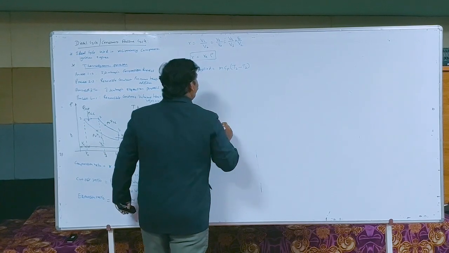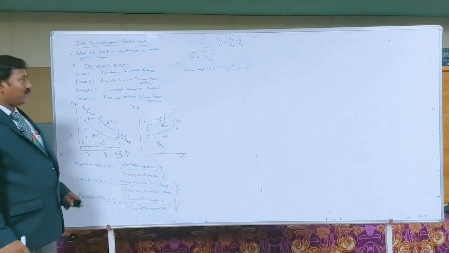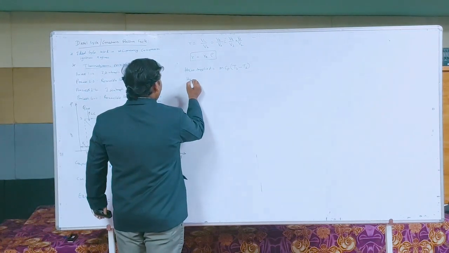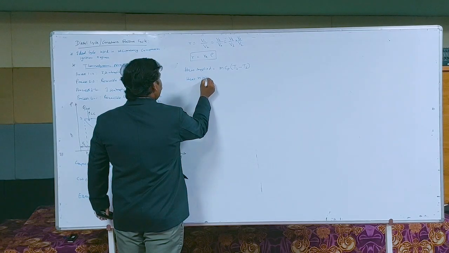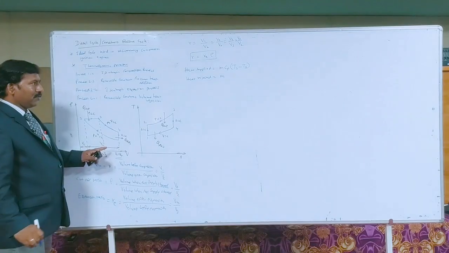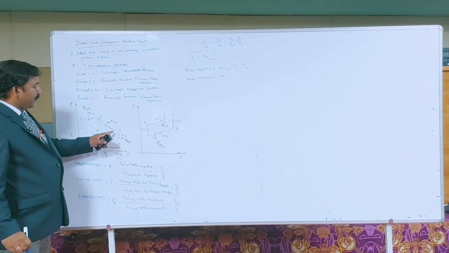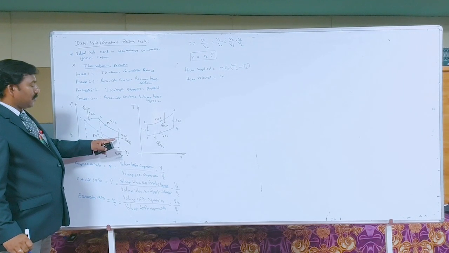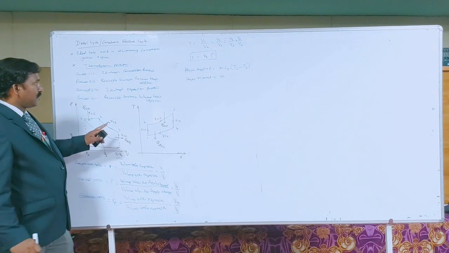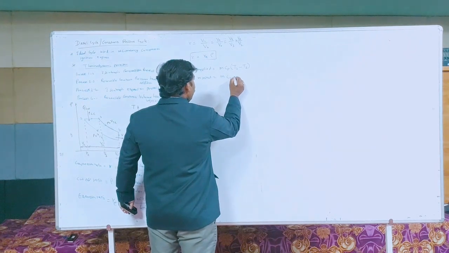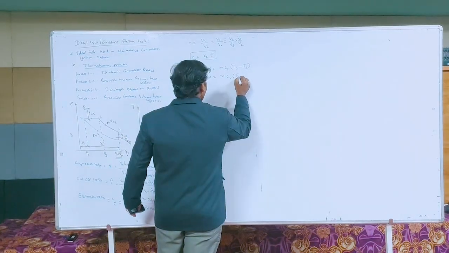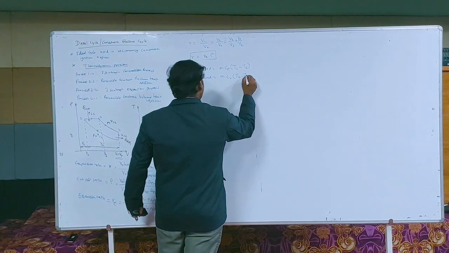And we have to find out the heat rejected. Heat rejection takes place in the process 4 to 1, at constant volume. Therefore, heat rejected is mass into Cv into T4 minus T1.